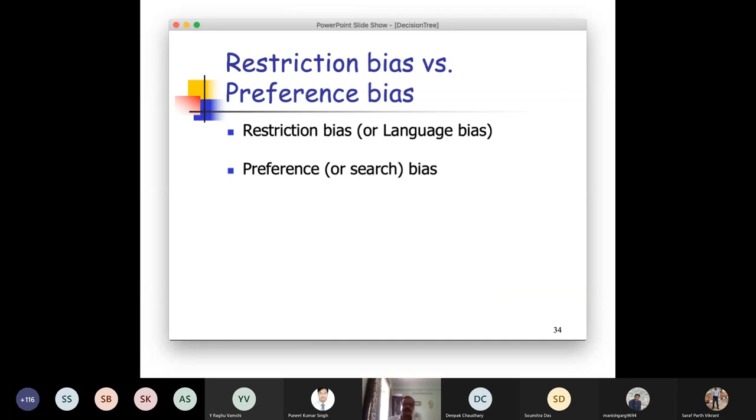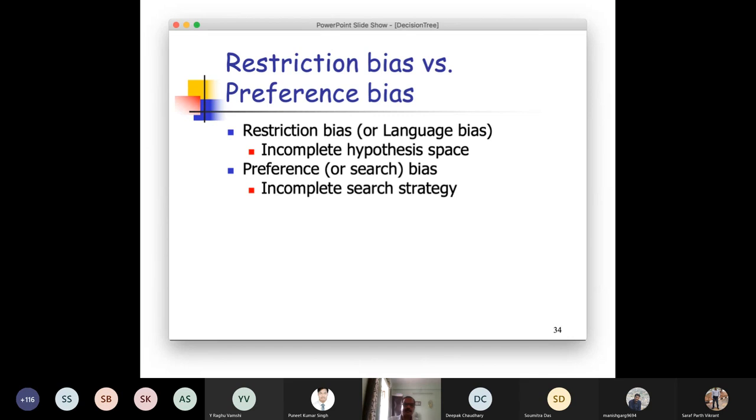Once again, this is the thing we discussed in the previous topic, the inductive bias. If you put a restriction bias on your induction, that would give you an incomplete hypothesis space.